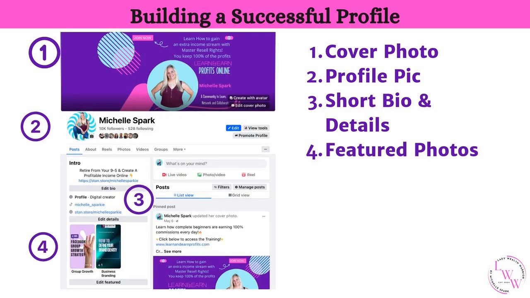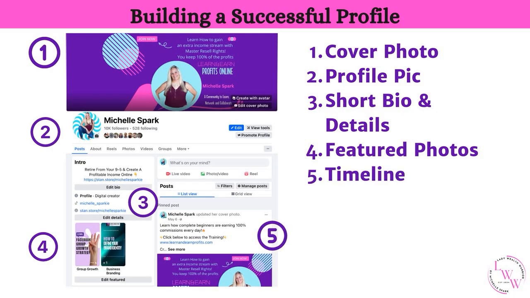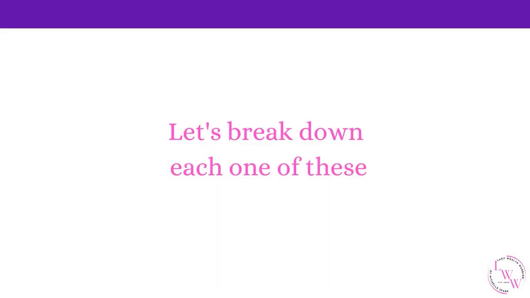And then there's featured photos. This is something, well, it's not new, but I guess it is kind of new. A couple years ago, they brought in the featured photos that you can actually show some of your features of the things that you do to help other people. And then, of course, your timeline. All of your posts, pictures, write-ups that you have, that's your timeline.